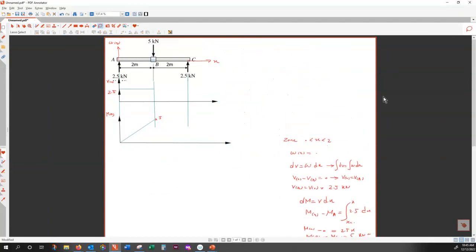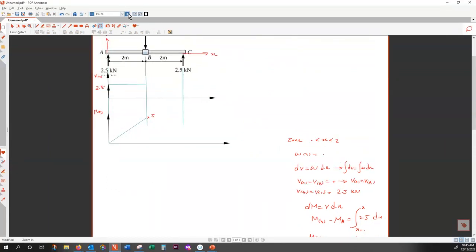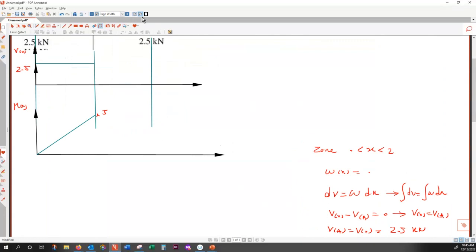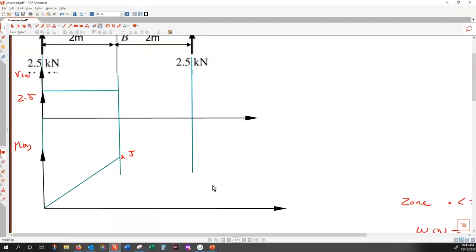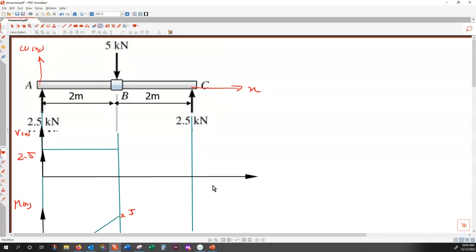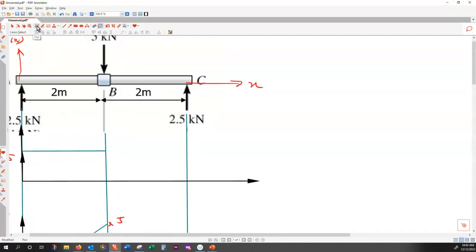This is for zone number 1. What about zone number 2?